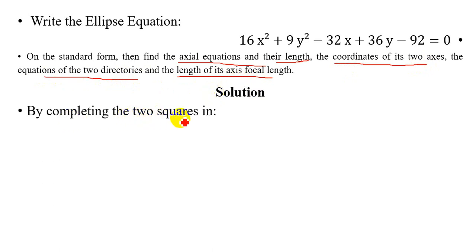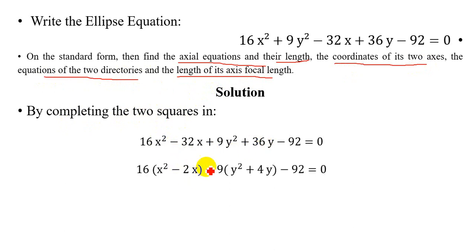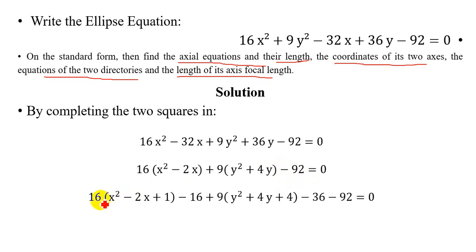By completing the square, we can make it like that. We take a common factor 16, and here it will be x squared minus 2x, and in the 9, the common factor, y squared plus 4y.